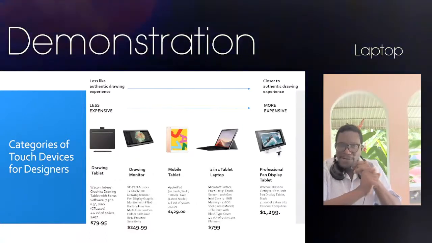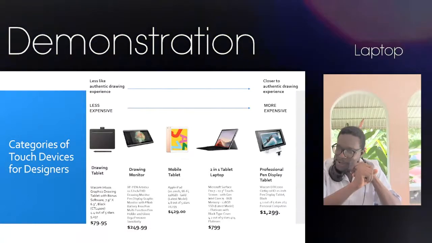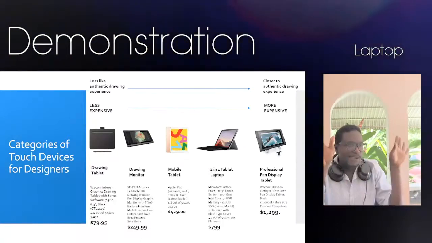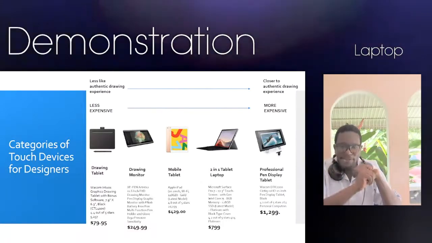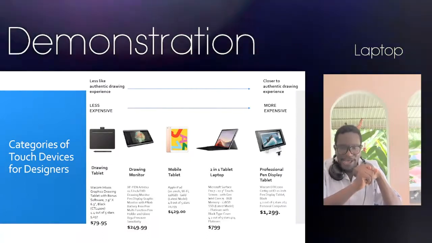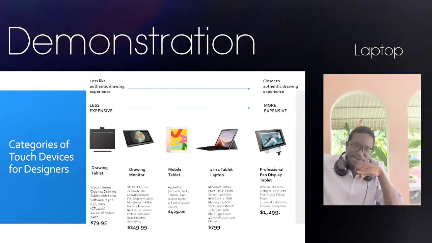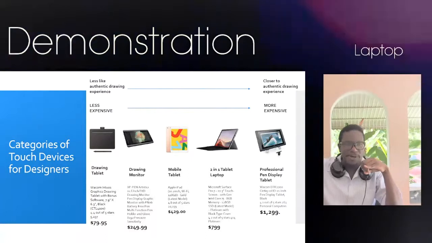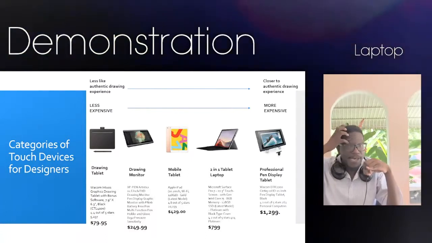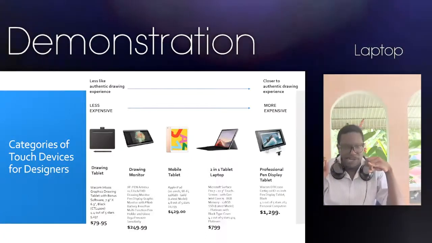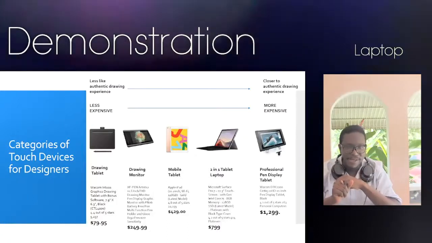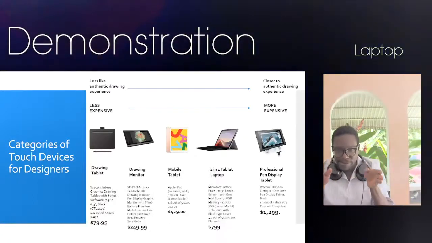In the middle would be an Android or Apple, hope I'm being fair there. And at the extreme is a professional display, like what the guys who make cartoons would use and that kind of stuff. Then you have some gray areas in between.